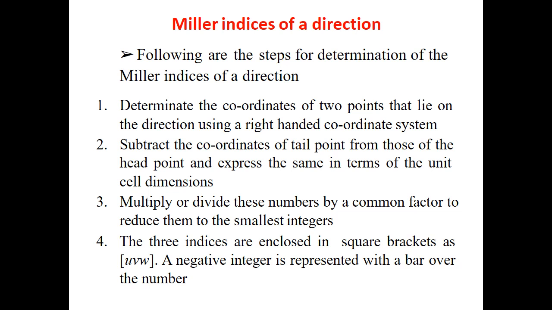A negative integer is represented with a bar over the number. That is, if you have -1, -2 such values, we should not represent it as -1 and -2. We should represent it as 1 bar, 2 bar, etc.